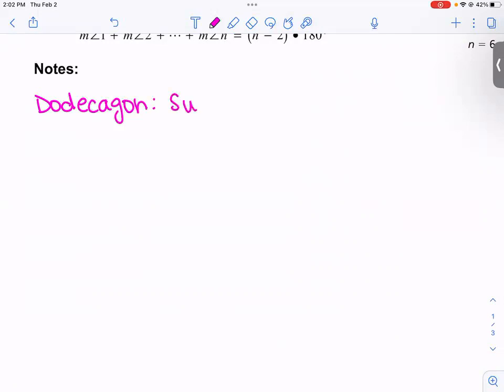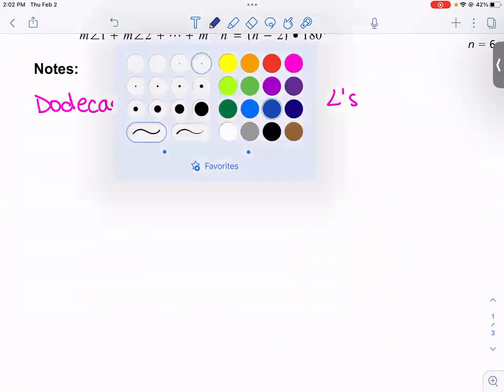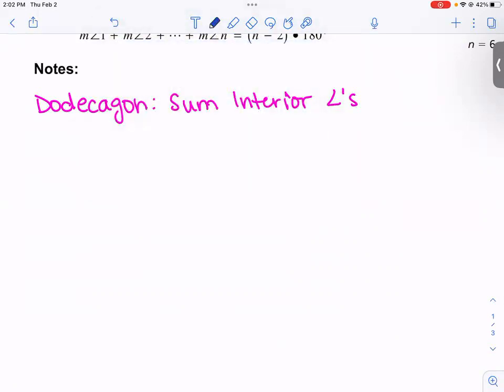If I want to know the sum of the interior angles of a dodecagon, how many sides does a dodecagon have? 12. So we're going to take 12 minus 2 and multiply it by 180.